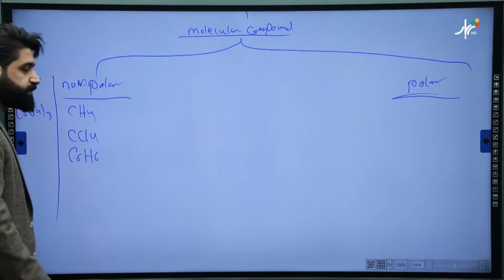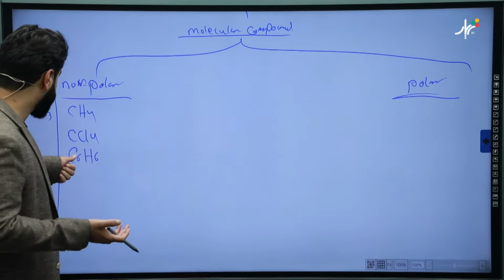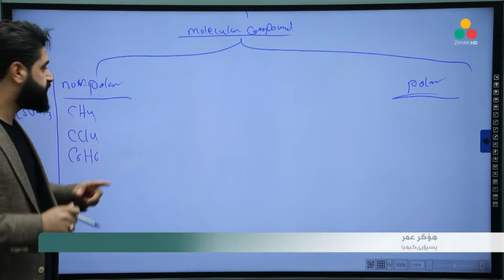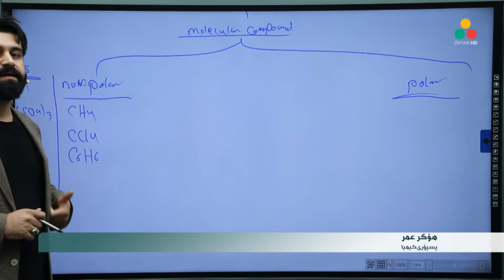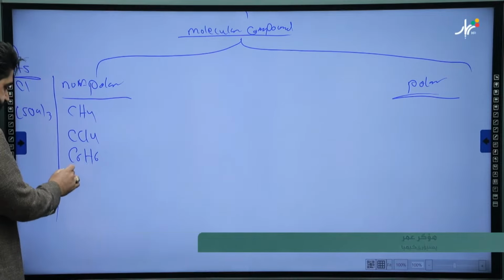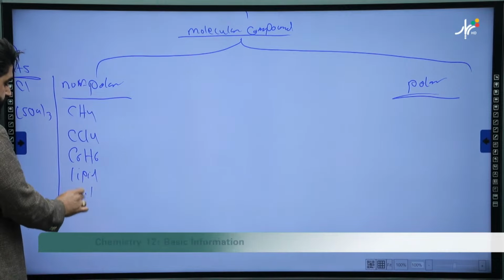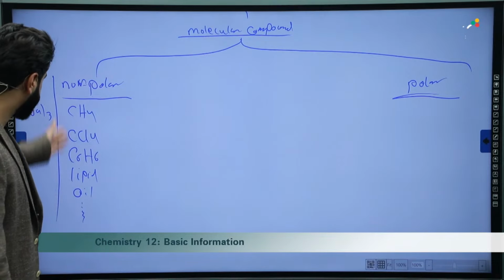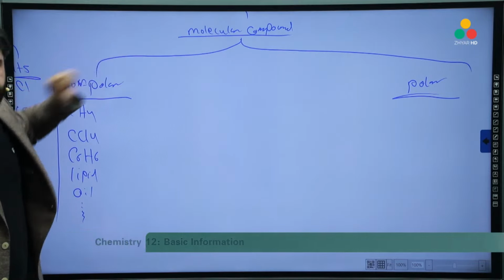This is not the commercial benzene that we use as a fuel for our car. This is a benzene compound, totally different from the benzene from the petrol stations. That is gasoline. And for example, lipid, oil, etc. These are nonpolar molecular compounds.